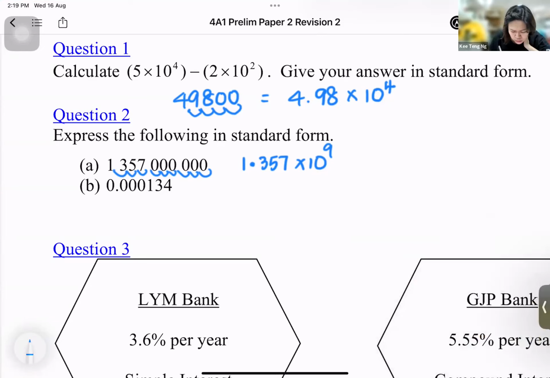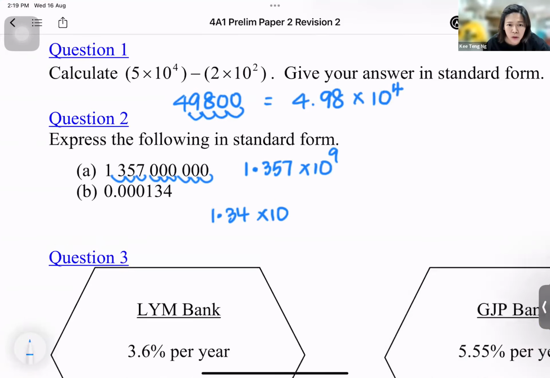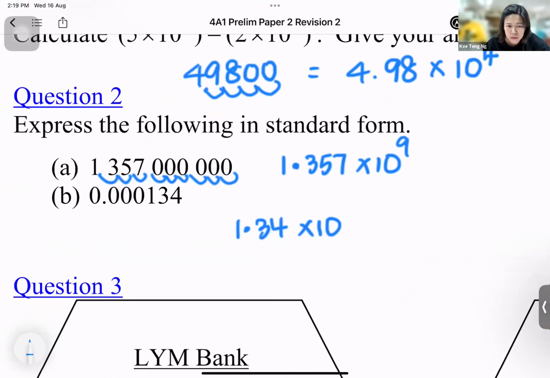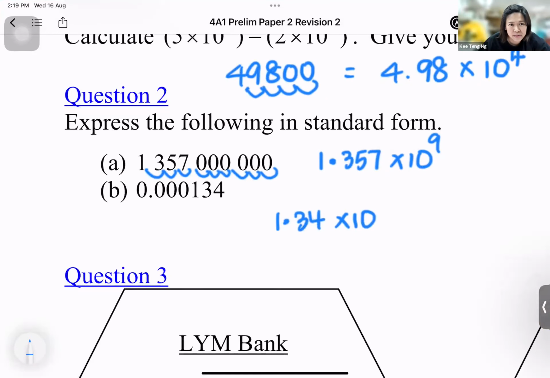Okay, then after that, this one is decimal place. So I have 1.34 times 10. But this is a number that is smaller than 1. If you have a number smaller than 1, will your power be a positive power or a negative power? Afiq, positive or negative? Negative, yes.